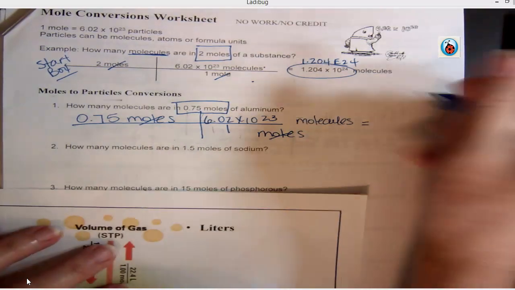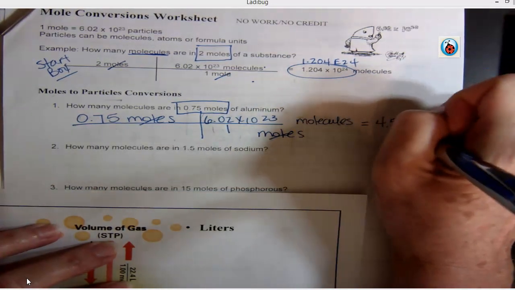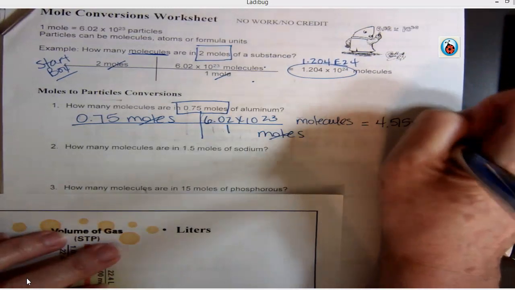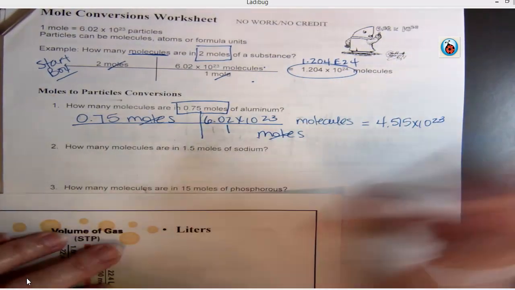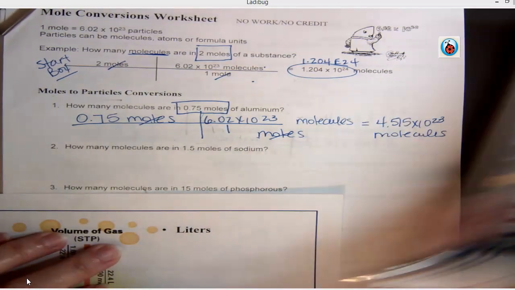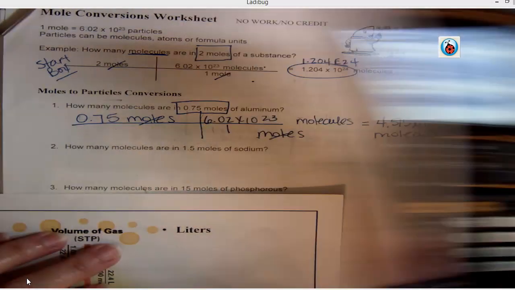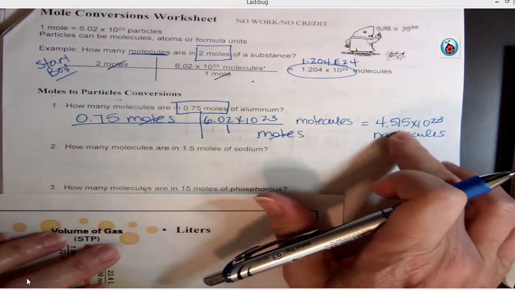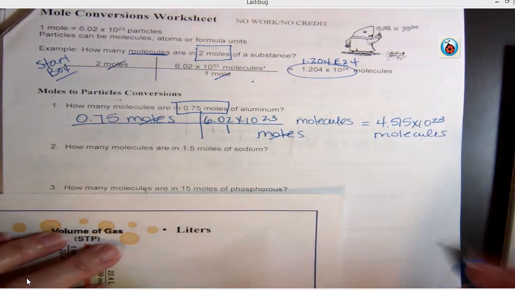What am I writing? 4.515 times 10 to the 23rd what? Well, moles canceled, and I'm left with molecules. All right, 4.515 times 10 to the 23rd molecules. That is my answer.